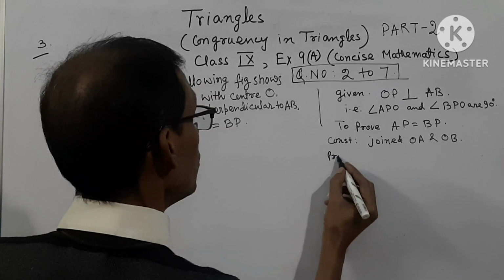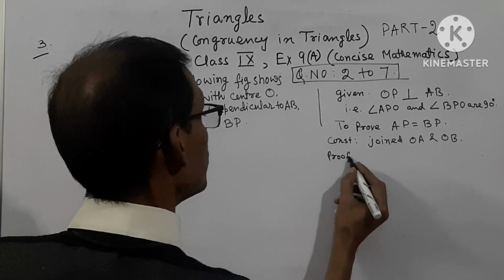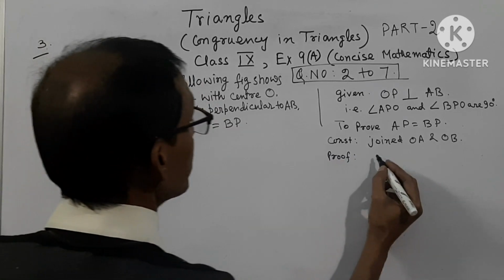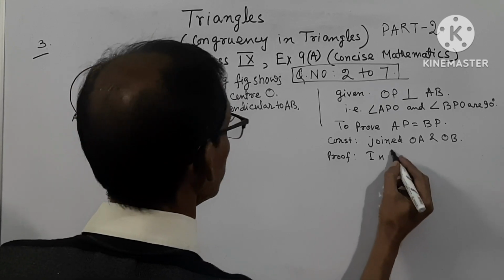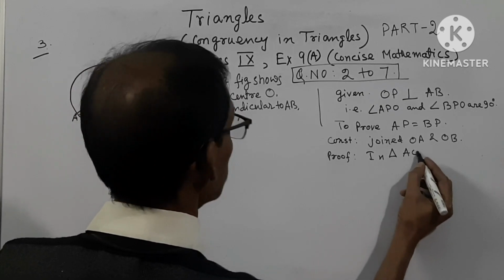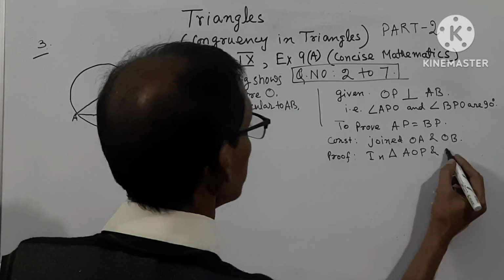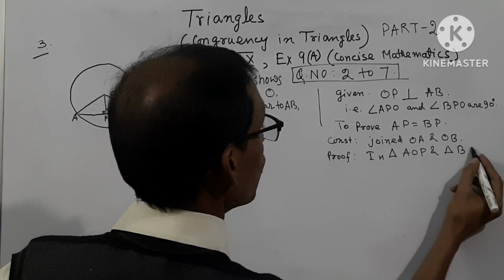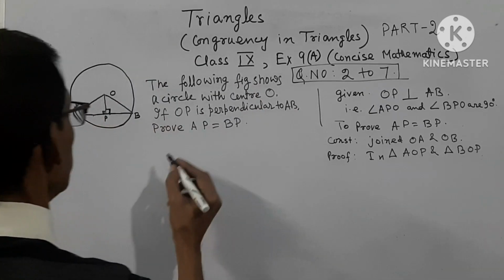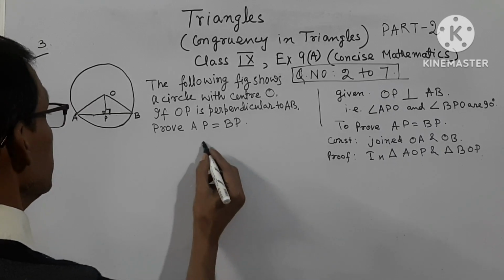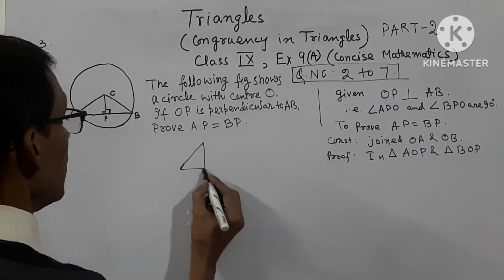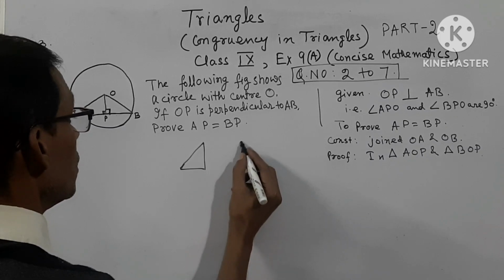Now you have to give the proof. In triangle AOP and triangle BOP, see, these two triangles, let us make it true.